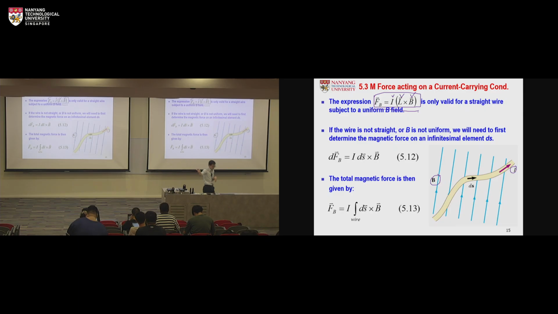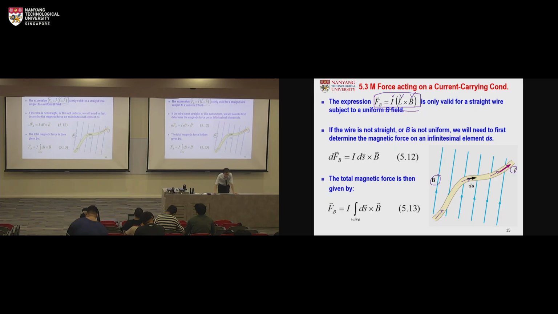The way we define vector L is that it should follow the direction of I. That is to say, here is a vector L, here is vector L, and here is vector L. Basically, the direction of vector L keeps changing. Then, of course, this vector L is not uniform, and if this is the case, you will not be able to apply this directly.